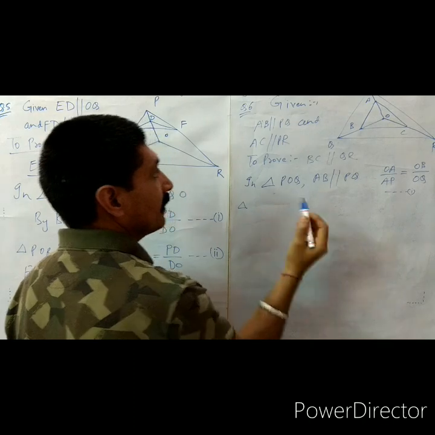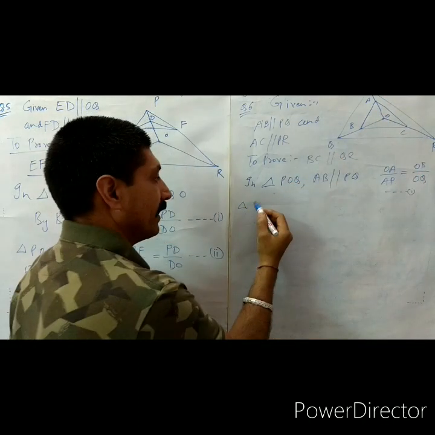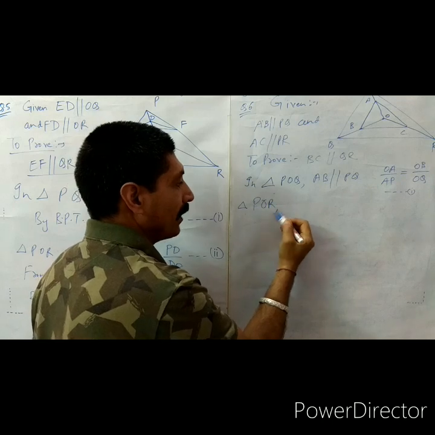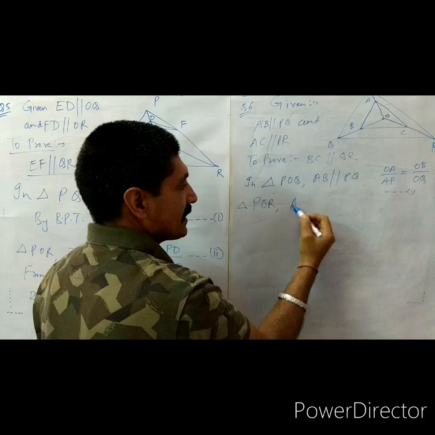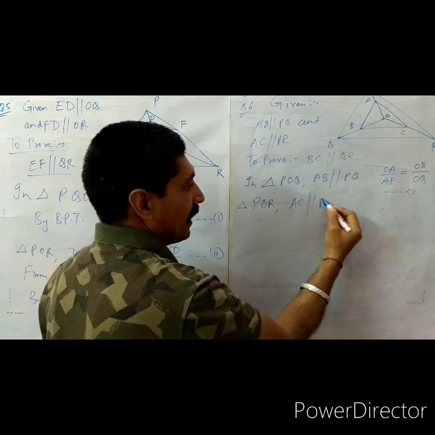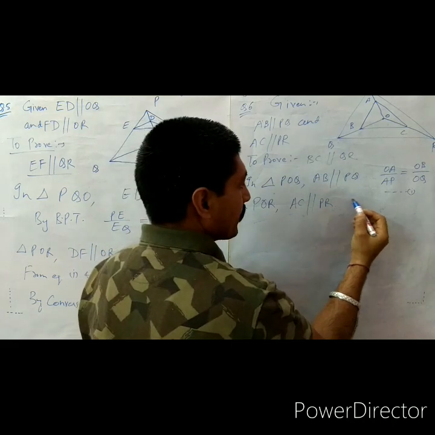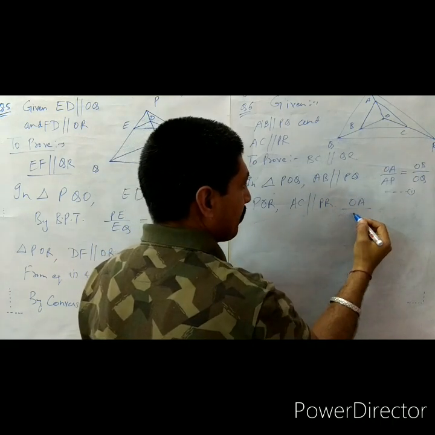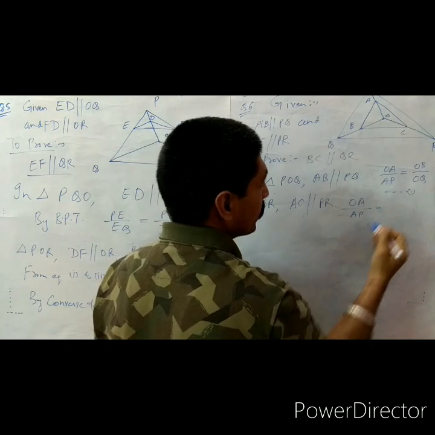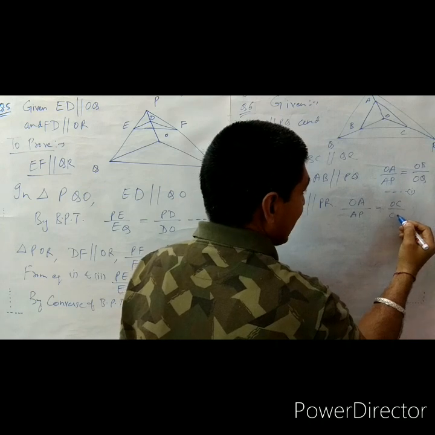Similarly in triangle POR, AC is parallel to PR. So we can write again by BPT, the side OA upon AP is equal to OC upon CR.